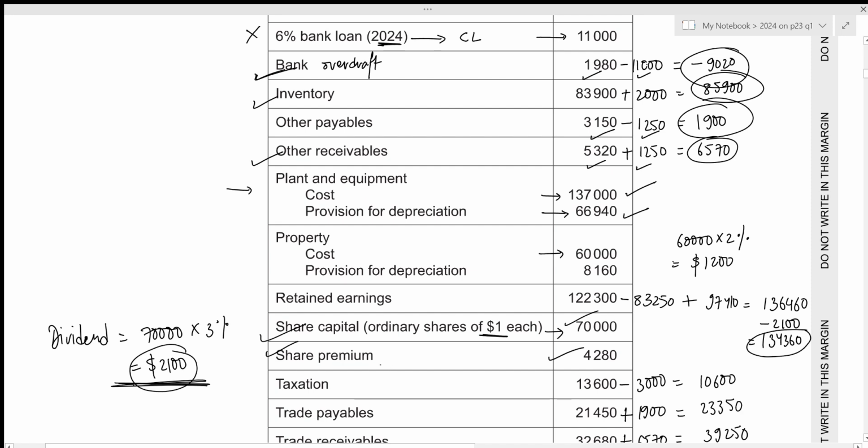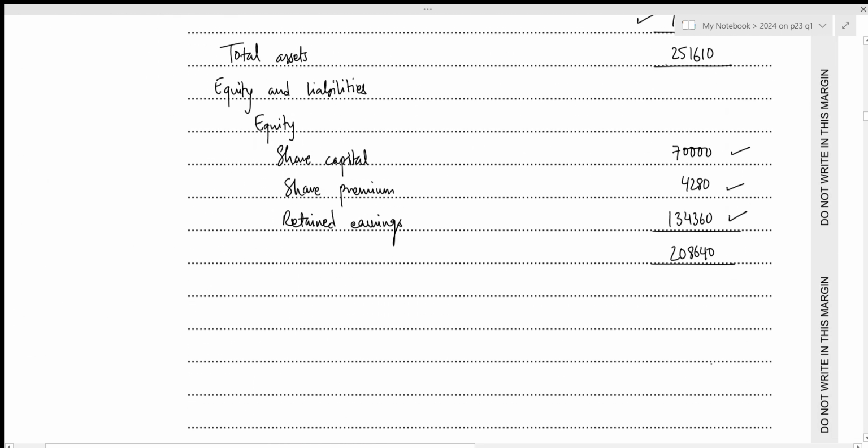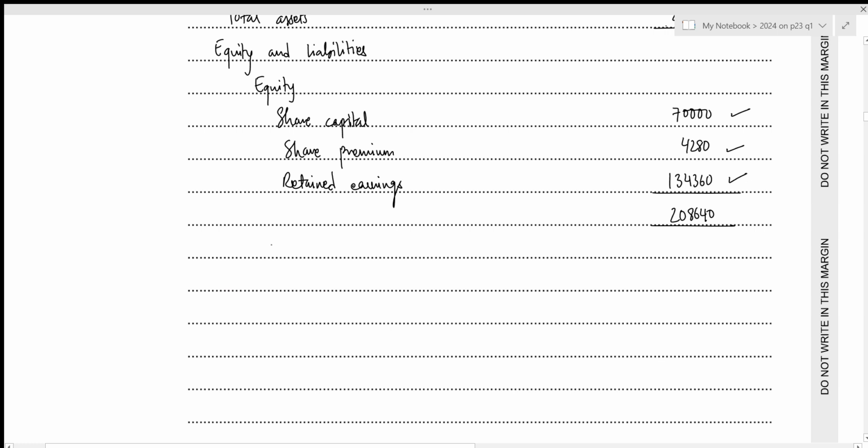Then taxation will not be paid during the year, it will be paid in the next year, so it will also have to be shown within our current liabilities, and the revised value for taxation is 10,600. Let's write it down. So we have the current liabilities. We first have taxation of 10,600.